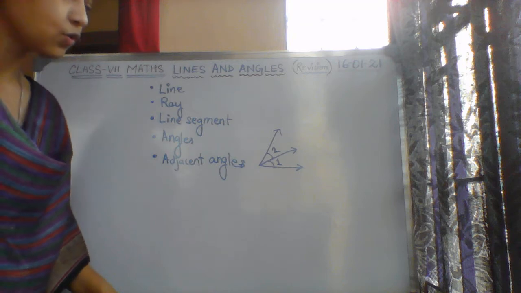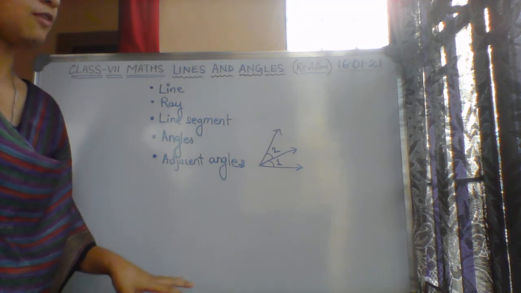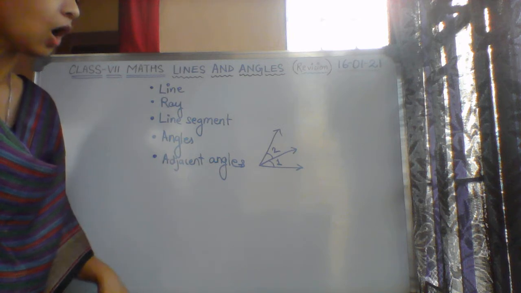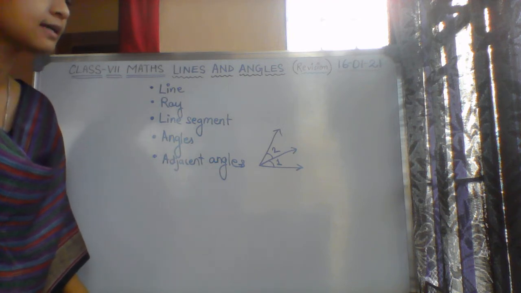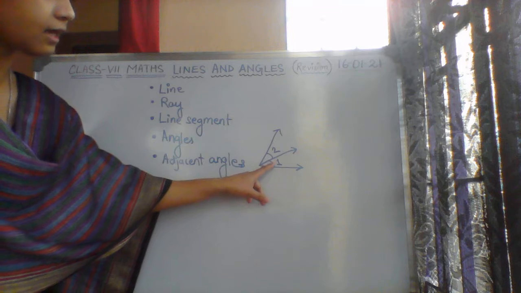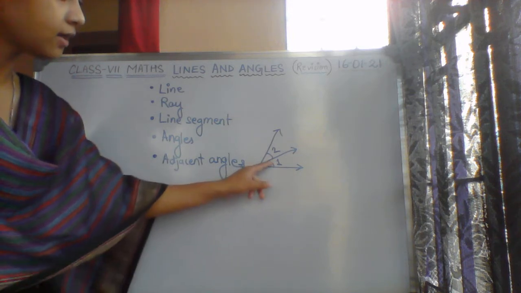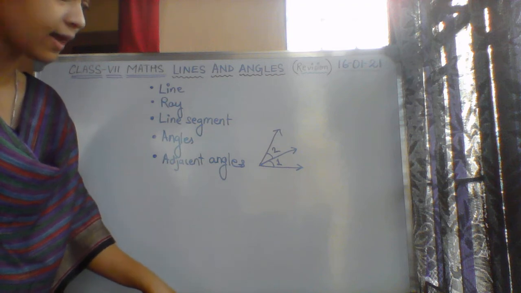Adjacent angles. So after drawing this diagram, it is very clear to you what are adjacent angles. But how to define adjacent angles? Here you can easily see angle 1 and angle 2 are adjacent angles. Why?